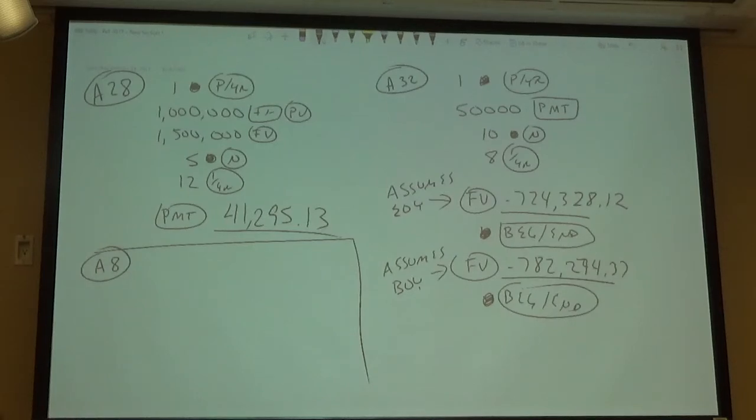Dr. John: 50 acres of land, $800 per acre. This is annual, 50,000, for 10 years.